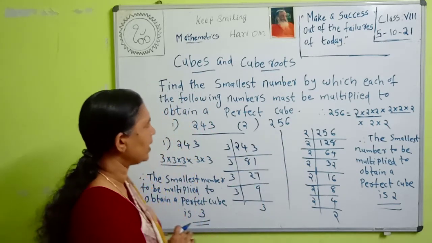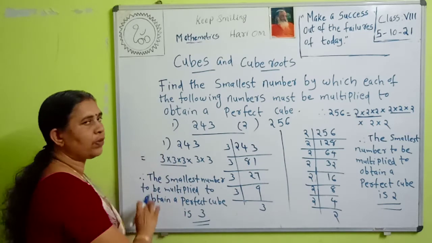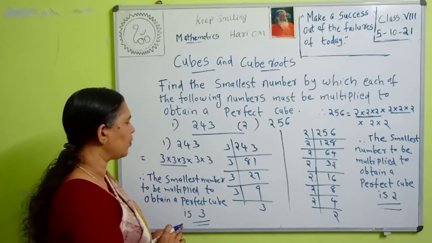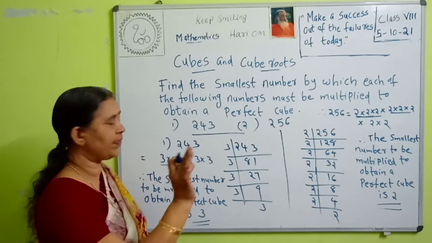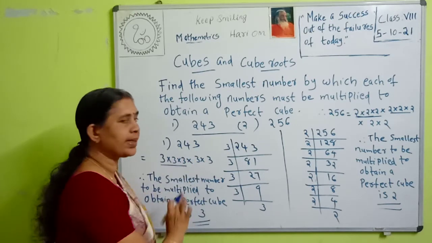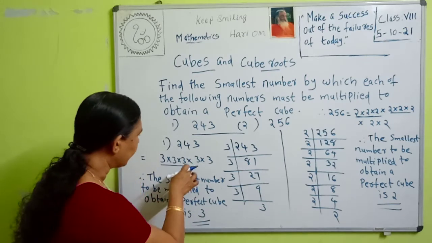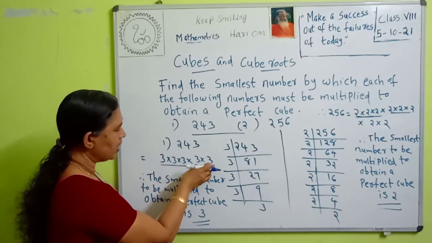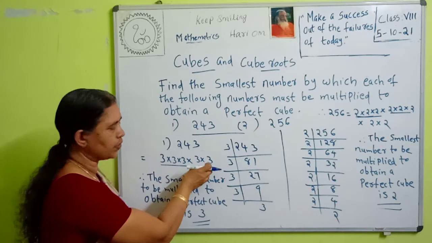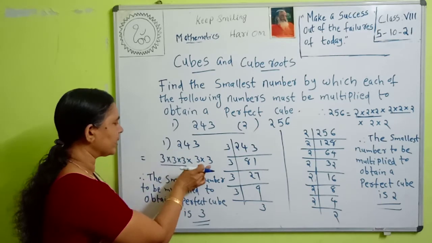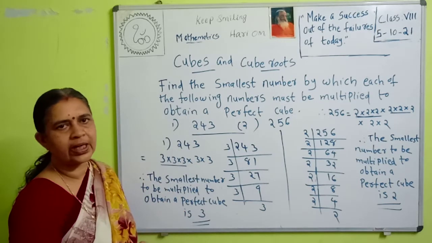So to check whether a number is a perfect cube, what do we do? First we factorize this number and group the factors into triplets. If we cannot write these numbers in triplets, then that number is not a perfect cube. To make this number a perfect cube, here we need one more 3. So if we multiply 243 by 3, then we will get a perfect cube number.